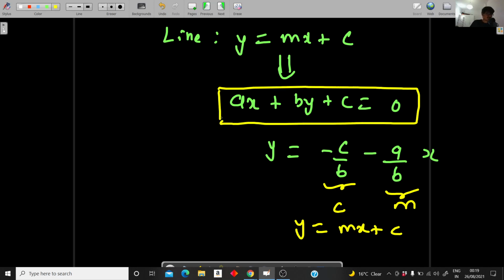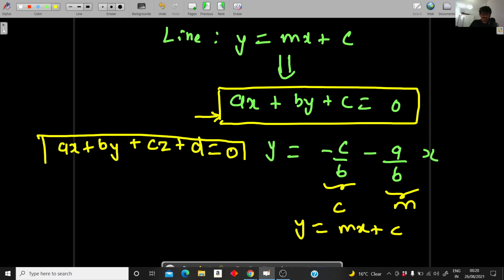Now in machine learning, we don't have just 2D, we go to ND, 3D, 4D, even to the nth dimension. And it's not convenient to write like this, because in 3 dimensions the plane equation is given by ax plus by plus Cz plus D. So this is the equation of a plane. Now for a hyperplane, we can run out of alphabets in English, because we have just 26 and we have more than 26 dimensions.